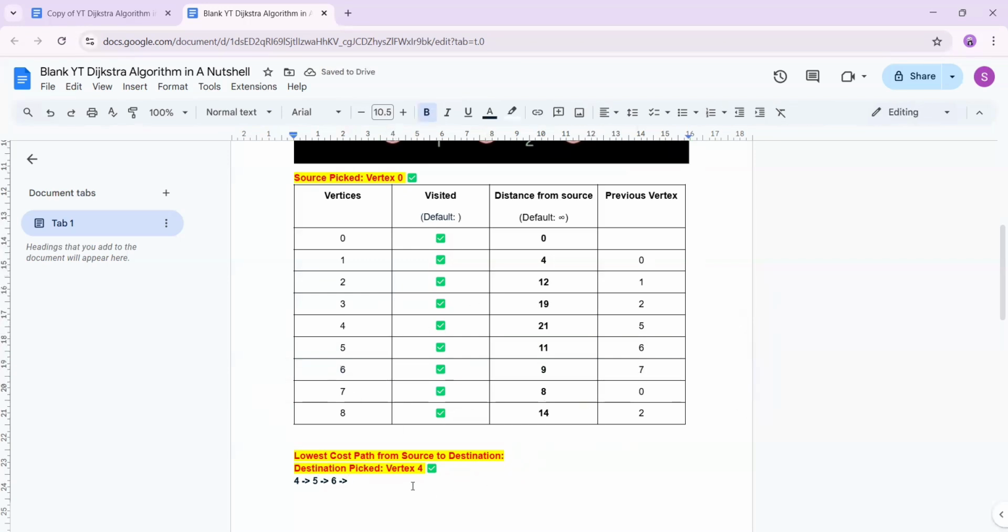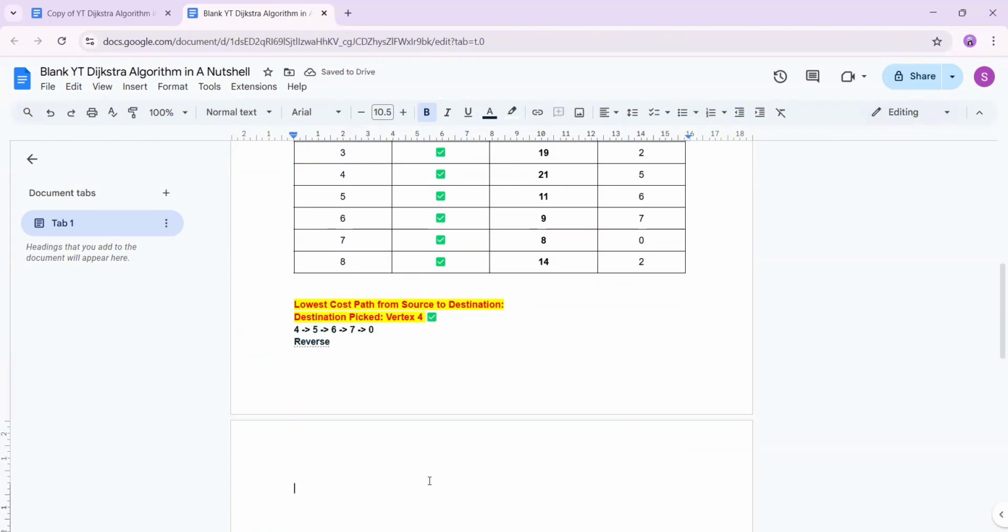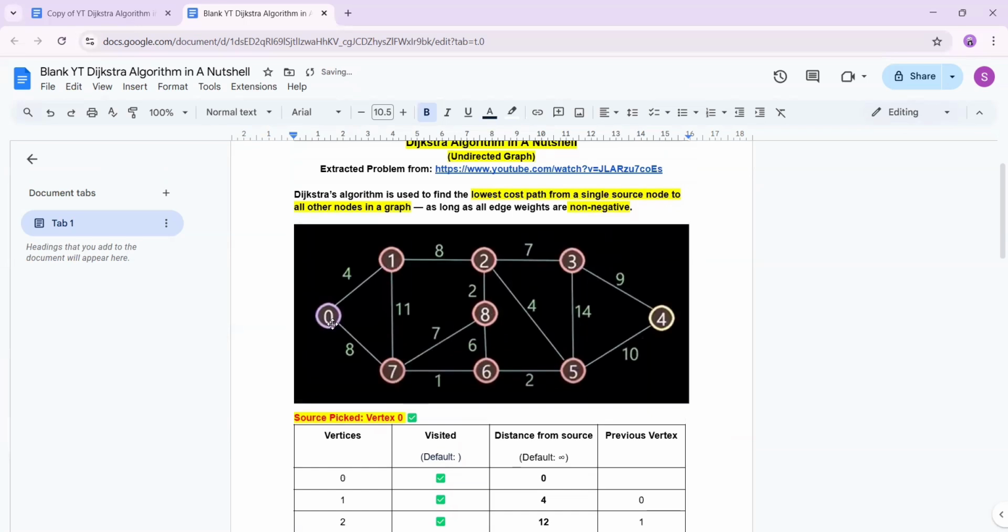Our previous vertex is 7. Then we go to 7. Our previous vertex is 0, which is the source. And then you reverse it. You'll get 0, 7, 6, 5, 4. This is your shortest path from the source 0 to the destination, vertex 4.